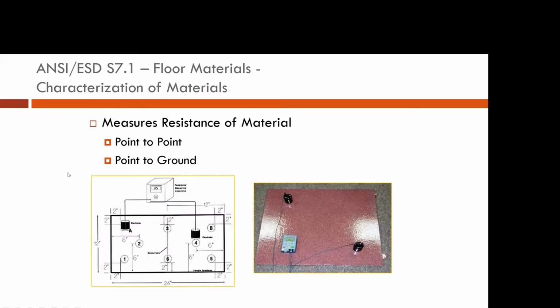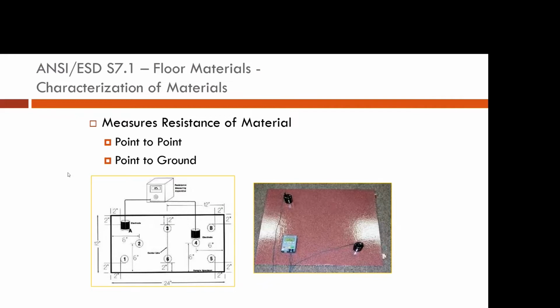So the first test is ANSI ESD S7.1, flooring materials, characterization of materials. This measures 2 things. We're looking to measure the tile's resistance, so point to point. Is there a conductive plane? Are the tiles connected? And this is accomplished through a variety of ways, and we'll talk a little bit about that. But the measurement is really done with the megohmmeter that you can see right in front of you and 2 5-pound probes.